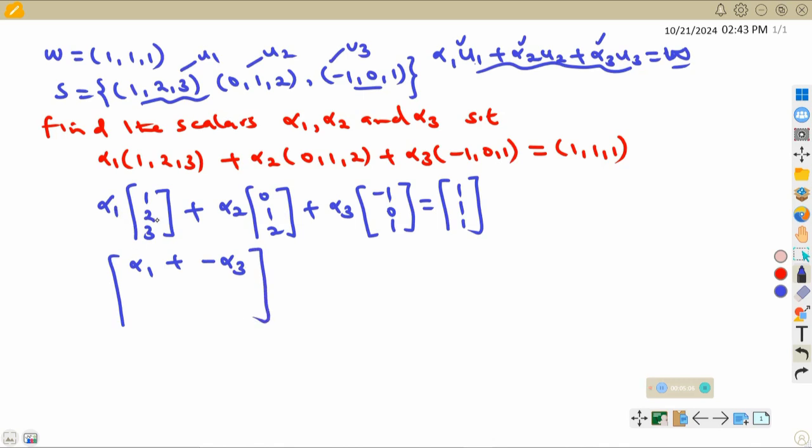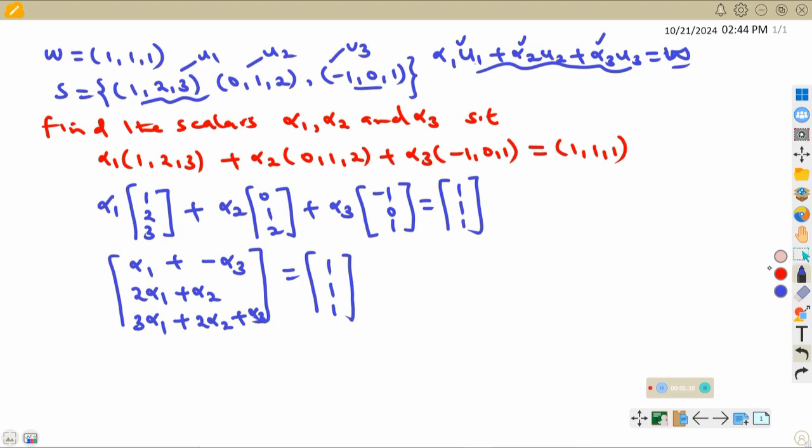When you multiply alpha 1 with 2, we get 2 alpha 1, plus alpha 2, plus alpha 3 times 0, which is 0, and the whole of this is equal to 1, 1, 1. Then we also get 3 alpha 1 plus 2 alpha 2 plus alpha 3.